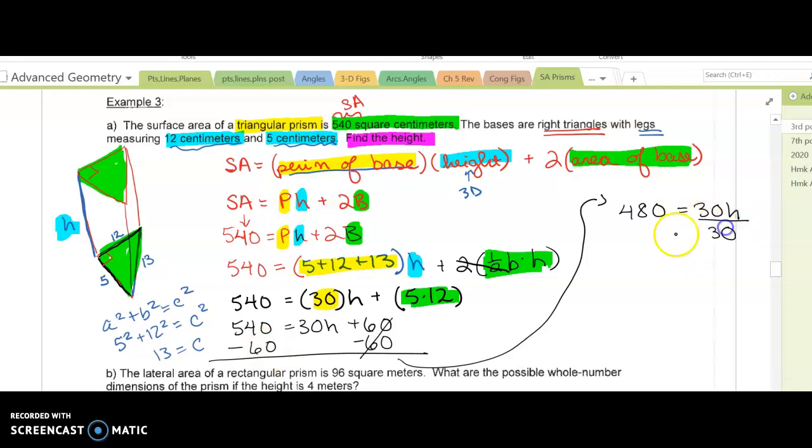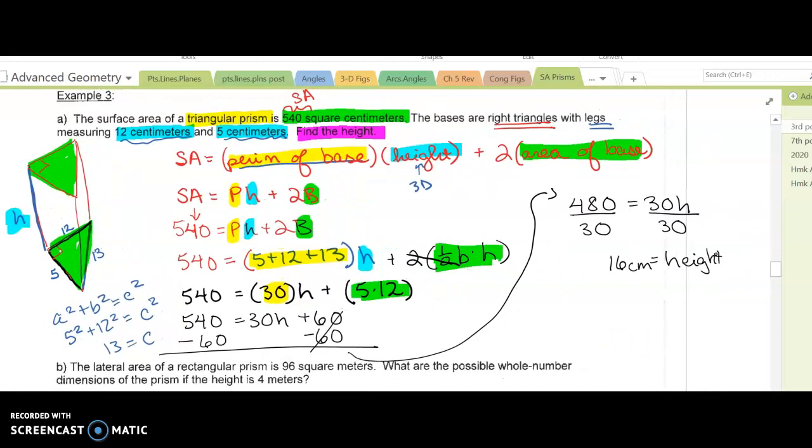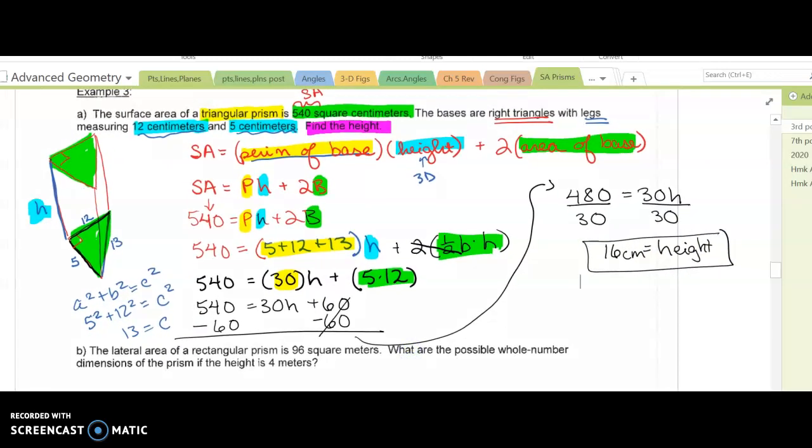Divide both sides by 30, and my height comes out to be 16 centimeters, because the problem used centimeters. Okay, so that's how to do that one. Let's take a look at part B.